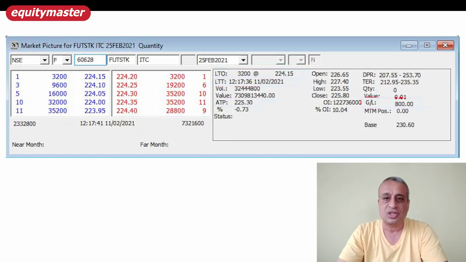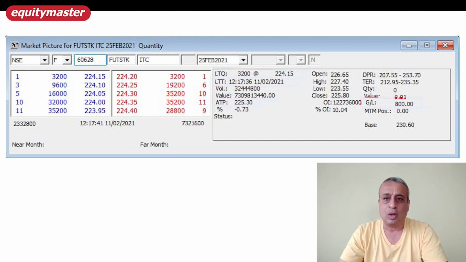Now, if you were to highlight any security with your mouse, or long press the security on your mobile terminal, on a desktop terminal 90% of the trading softwares will respond to pressing F5. A square or rectangular box will open, as you can see on your screen right now, and this box is called a snapquote window or a market quick view.